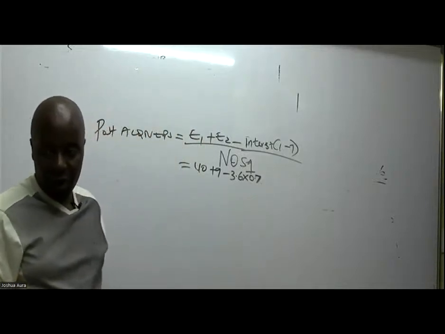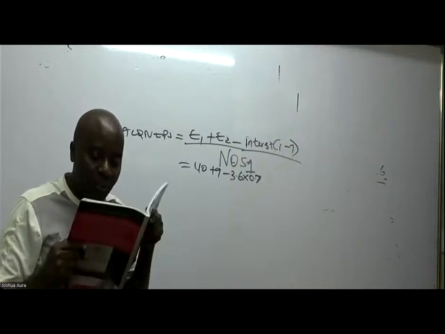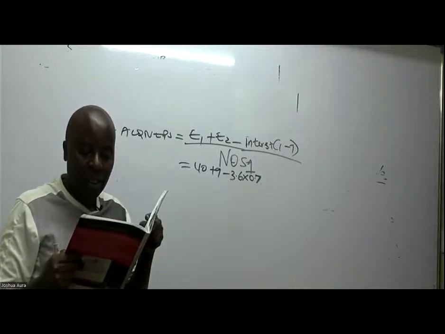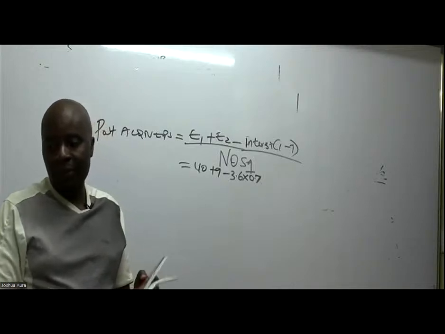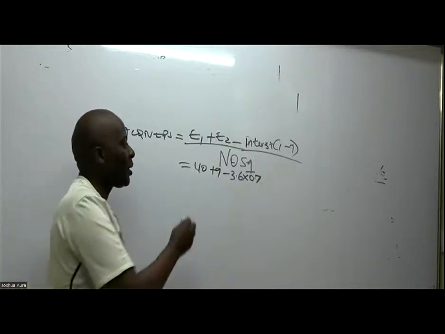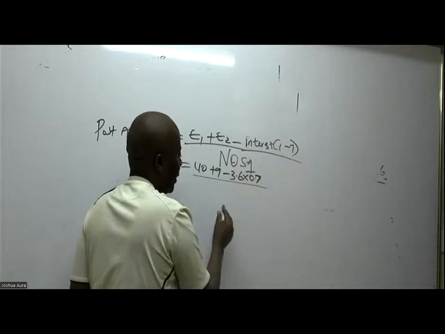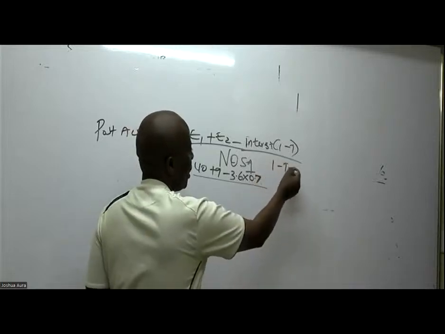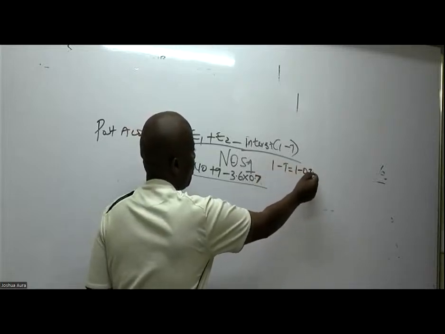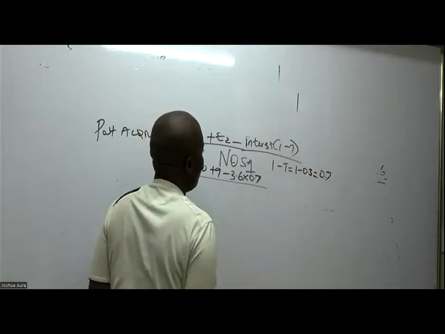It's 1 minus tax, isn't it? Tax this time around is 30%. It's given down there. So 1 minus 0.3 gives us 0.7.